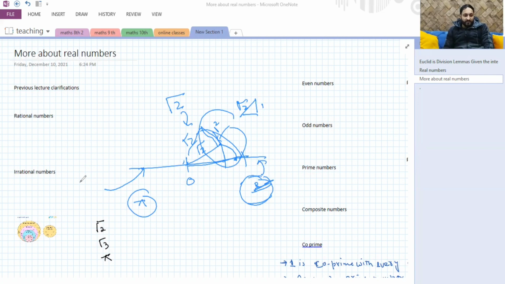Then we discussed that rational numbers plus irrational numbers make real numbers. All the numbers on the number line are real numbers. Let me give you a graphical representation of this.